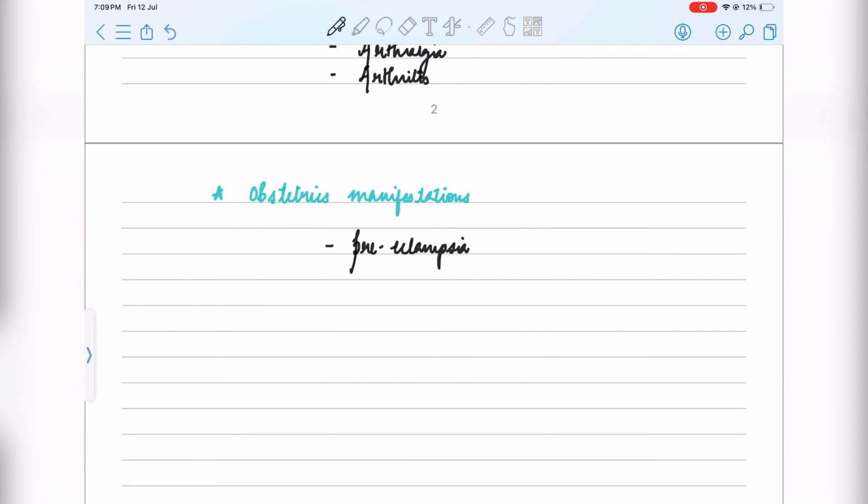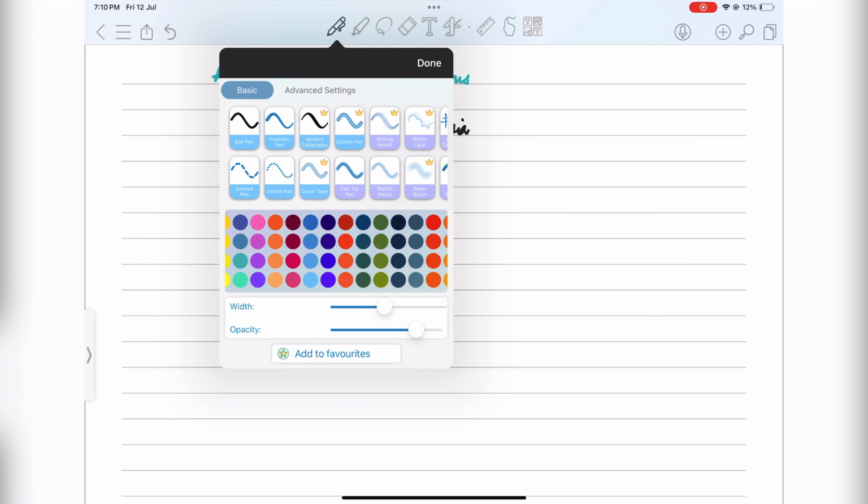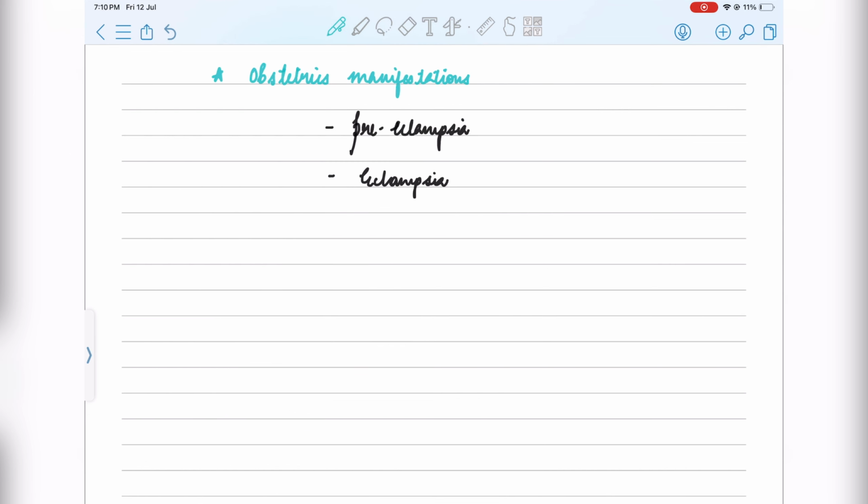But it is very important to notice that the patient might have APS in patients with obstetric manifestations. So if a patient has preeclampsia, eclampsia, and fetal manifestations are very, very important.